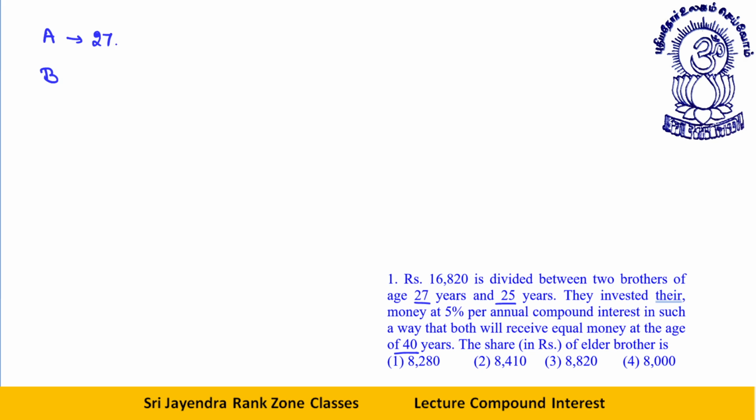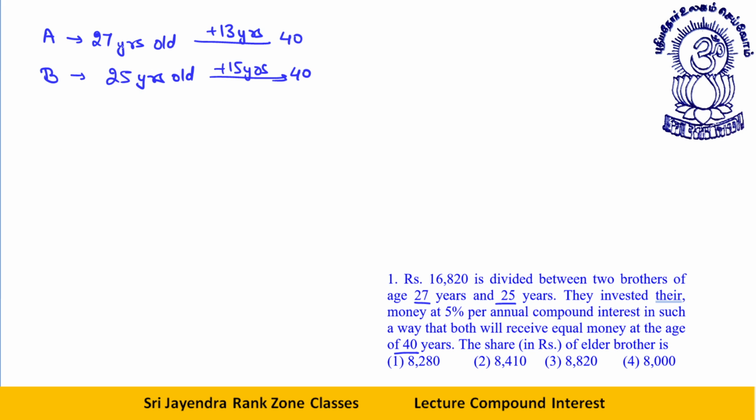A's age is, let's say, 27 years old. This B is 25 years old. Okay, now what happens? In 13 years, A will reach 40. In 15 years, B will also reach the age of 40. They both are getting X and Y rupees, 1680 total.